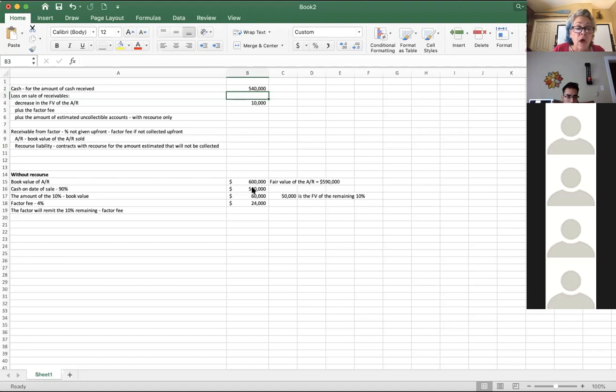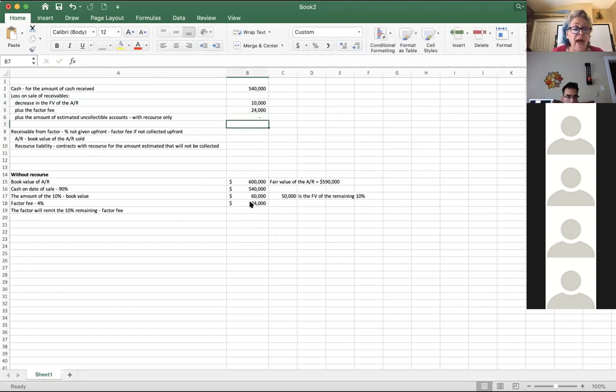Now, my loss on my receivable is equal to the decrease in the fair value of the accounts receivable, which we know is 10,000. We know the factor fee we calculated is 24,000. And this was a without recourse contract.